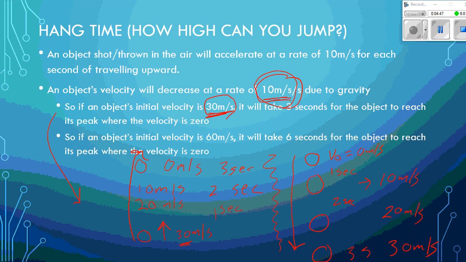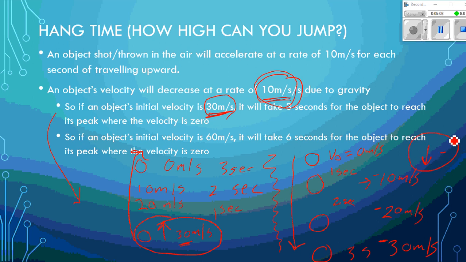So it's a regular pattern, and it's symmetrical. The way up is just like the way down, except for one thing. All of these velocities will be in the opposite direction from what we called positive over here, because we said up was positive. So by default, down is negative, and that's conventional.